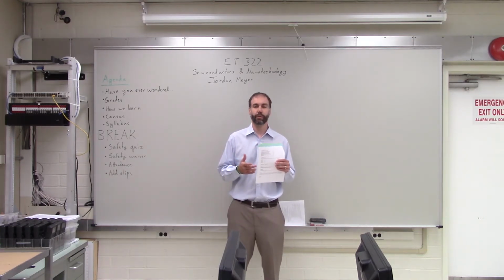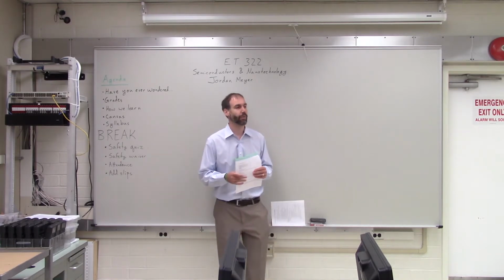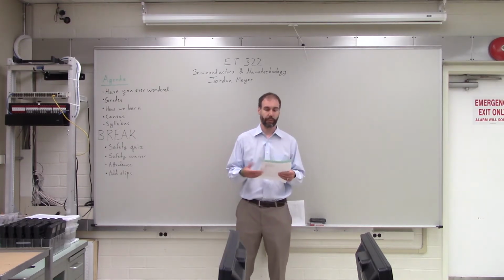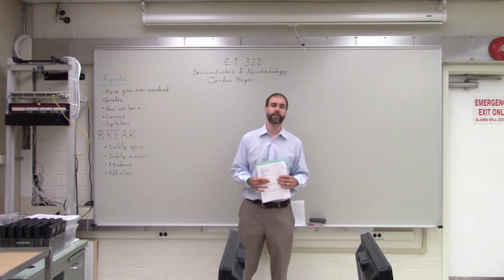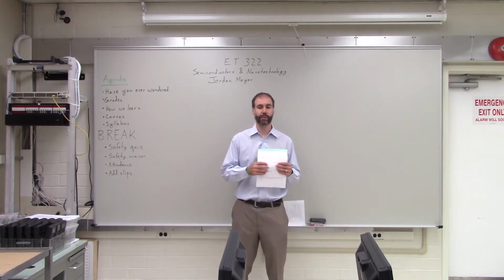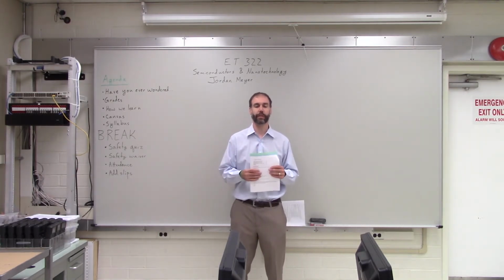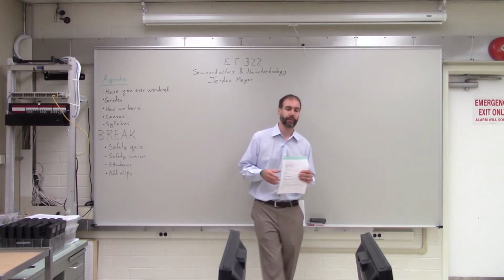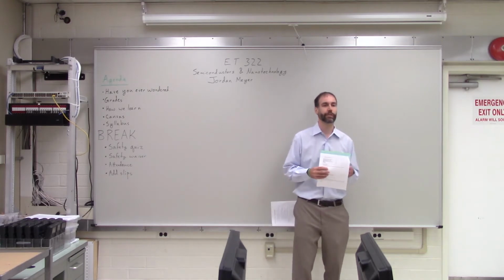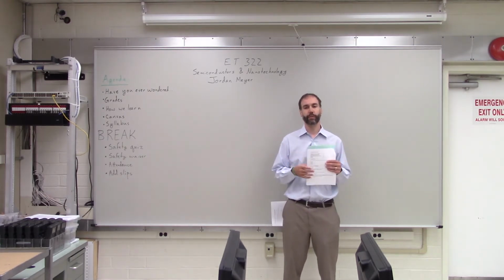So if you need to have an academic accommodation for some reason, then it's your responsibility to go over to the Office of DSPS and sit down with them and discuss what types of accommodations you need. They'll do a quick assessment with you.